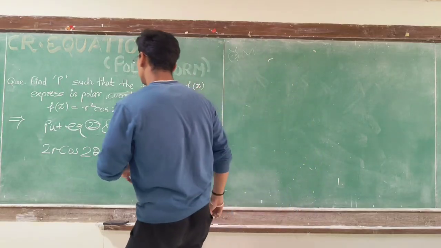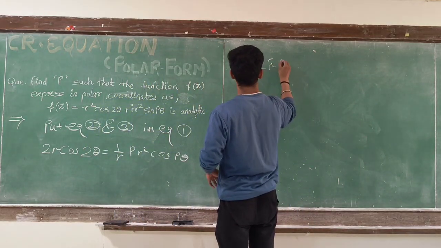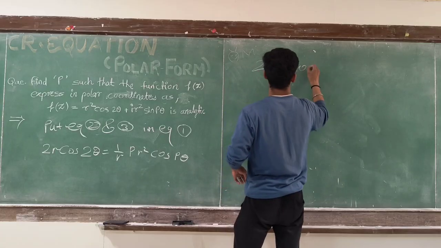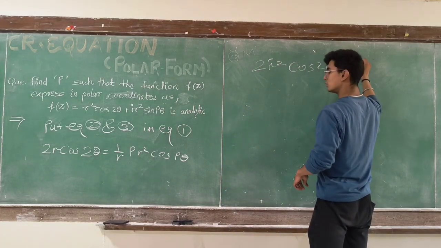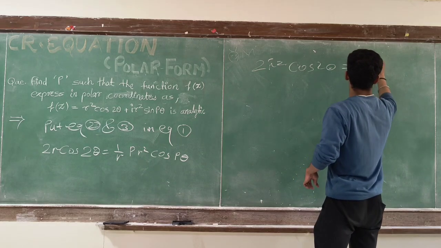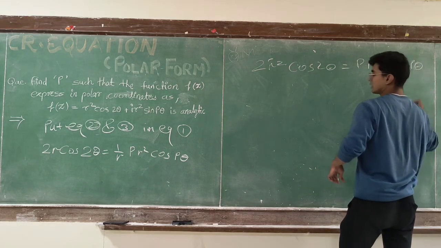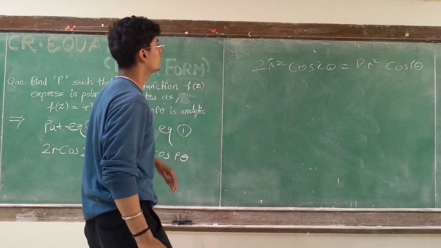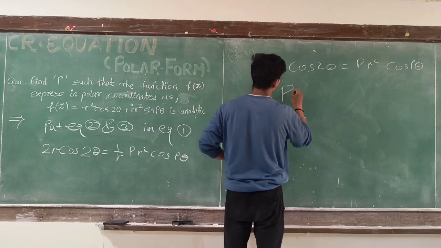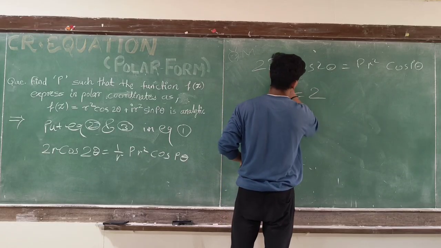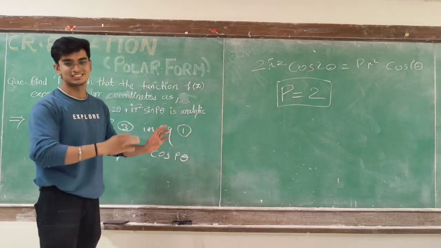By further solving this, 2r square cos 2 theta equals p r square cos p theta. So as we see, 2 equals p. So we have got the value of p. It's as simple as that.